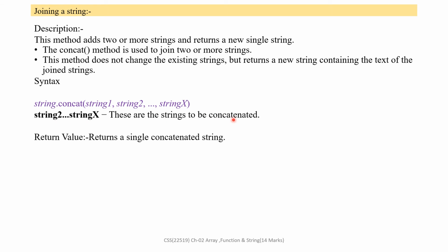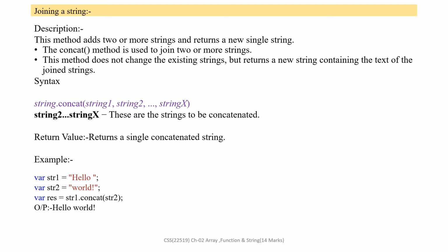These are the strings to be concatenated, and it returns the single concatenated string. For example, var str1 is equal to hello, var str2 is equal to world. Where res, meaning result, is equal to str1.concat(str2). The output of this is hello world. This is a simple example for joining a string.